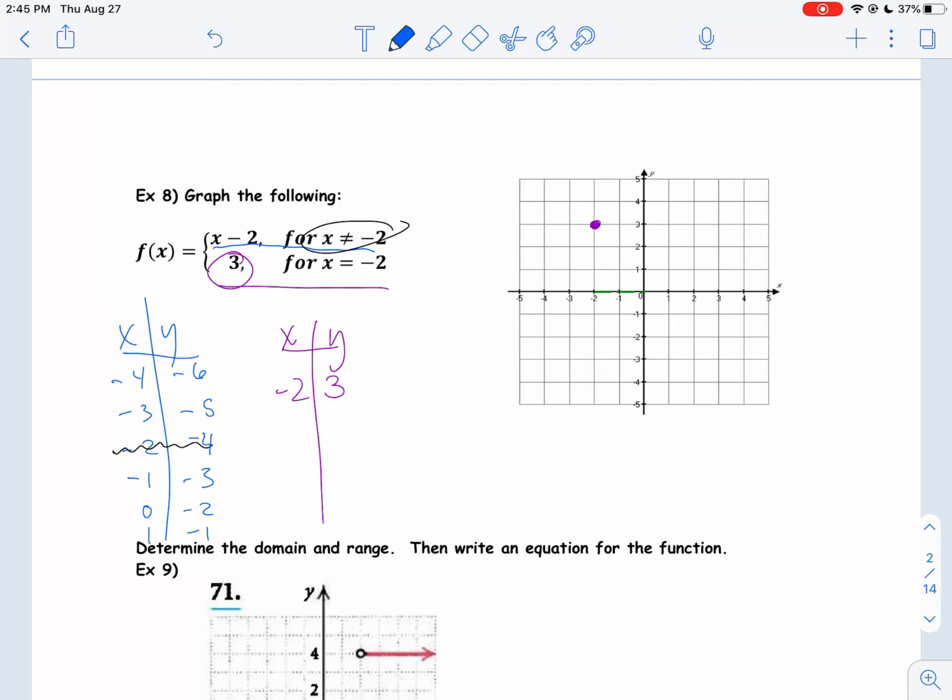When x is negative 4, it's off the chart. When x is negative 3, we're at negative 5. When x is at negative 2, we've got an open circle at negative 4. At negative 1, an open circle at negative 3. 0, negative 2, 1, negative 1, and so on.